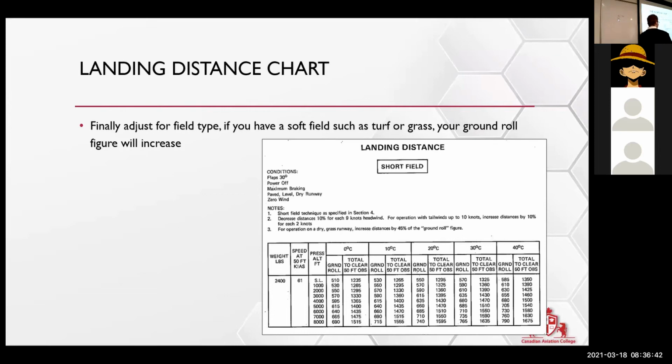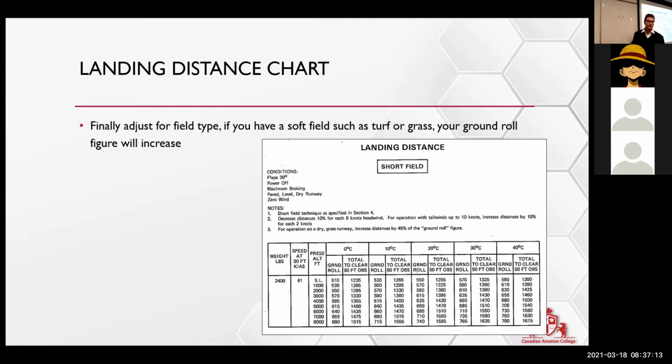All right. The note specifically says increase distance by 45% of your ground roll figure. All right, of the ground roll, very important. So basically what they're saying, if you want to know how much you're going to need to increase your 50-foot obstacle by, you take the ground roll figure that you figured out and you add it over here.